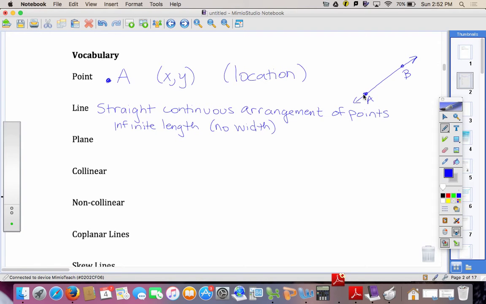So I can say this is line AB, or if I had a letter in front of this, like M, I could say this is line M, or I can use the notation of AB with a line with arrows above it, and that also denotes line AB. So we would read this right here as line AB.